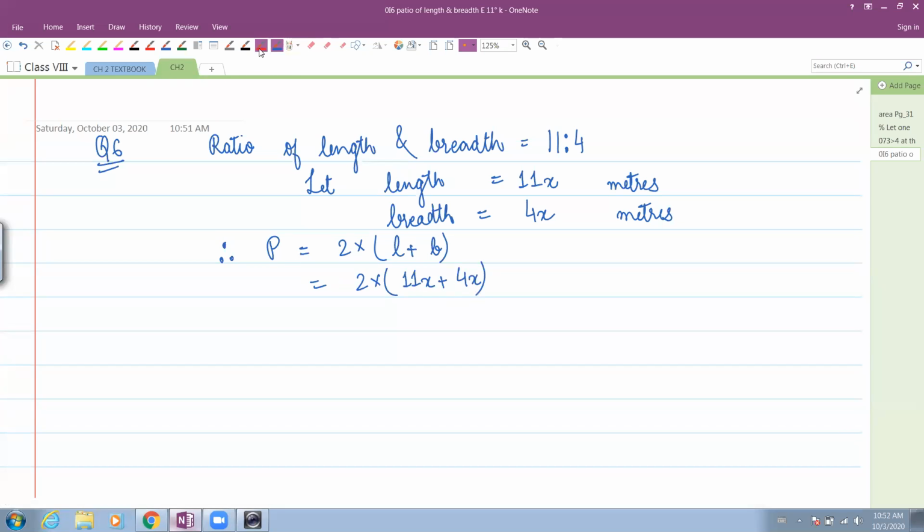And if you want, you can write down for yourself why we are calculating perimeter, because we need to find the cost of fencing.